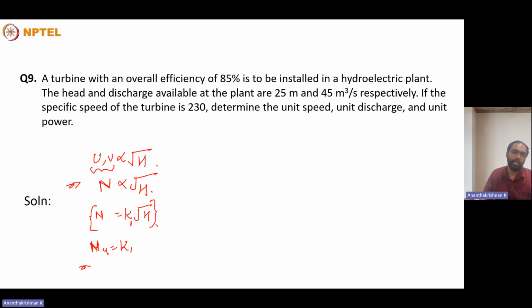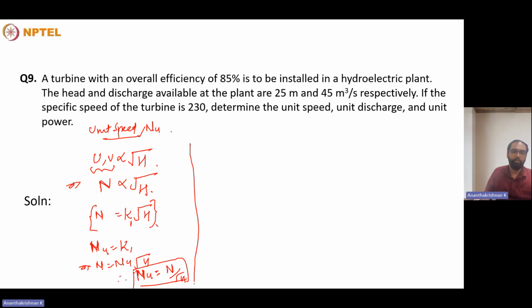Substituting it back, we can write N is equal to Nu into root of H. Therefore, Nu at any particular operating condition is given by N divided by root of H. That is the unit speed calculation. The formula is Nu is equal to N divided by root of H.